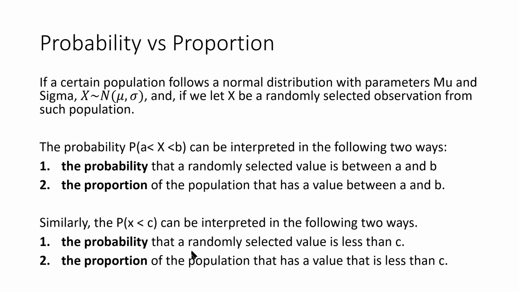The probability that a randomly selected value is less than c, and the population proportion that has a value less than c. Okay, so again, we mentioned that already, so now we just formalized it.